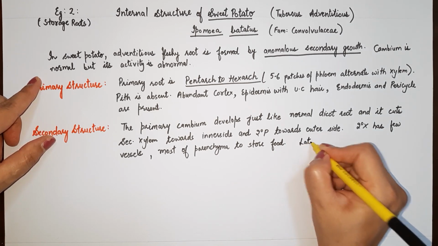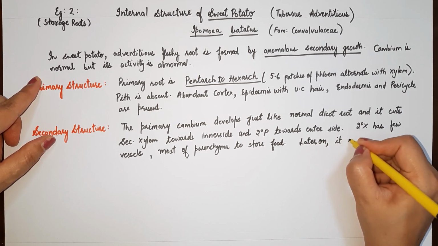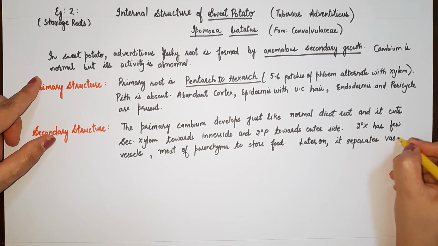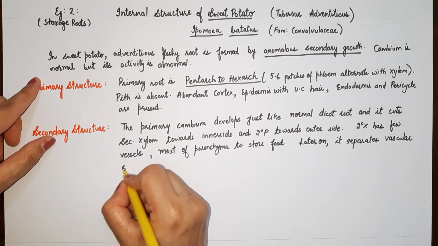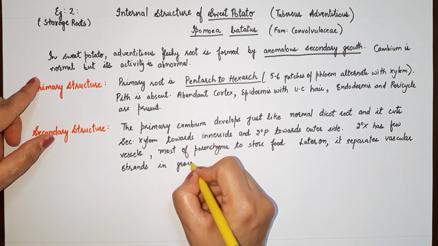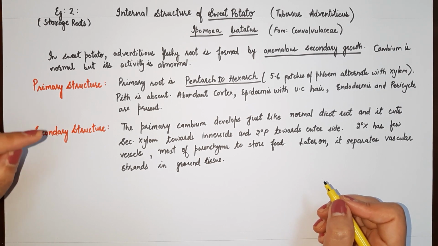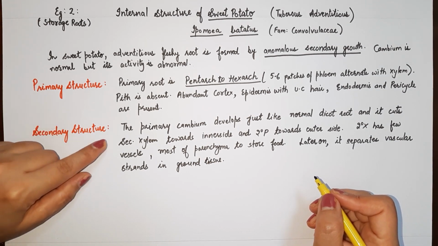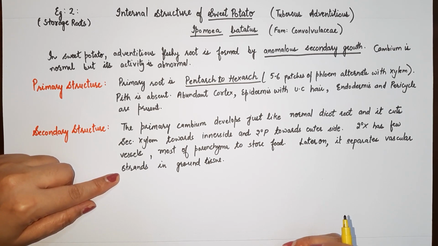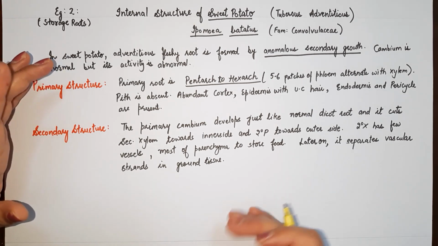Later on, it separates vascular strands in ground tissue. Okay, so the few vessel elements from the secondary xylem formed towards inner side, they get separated from it and they come to lie in the ground tissue area. Okay, now the anomalous growth will start.